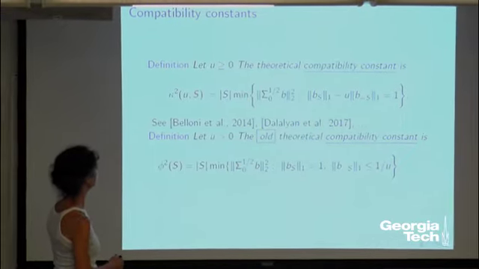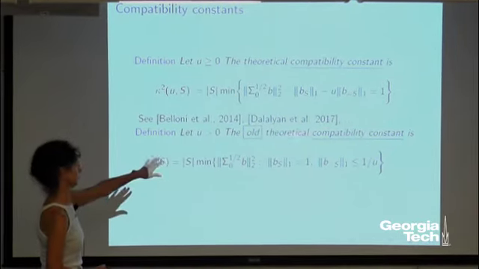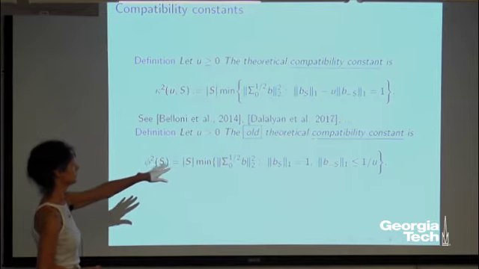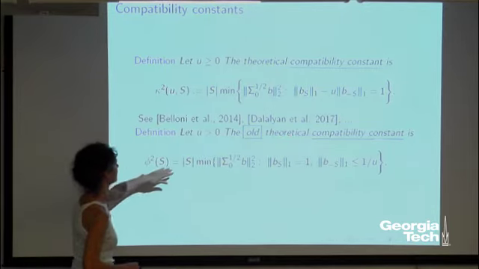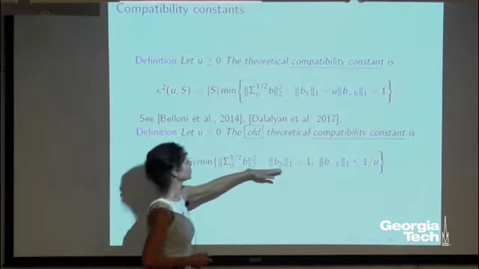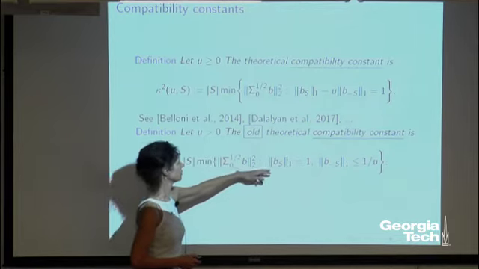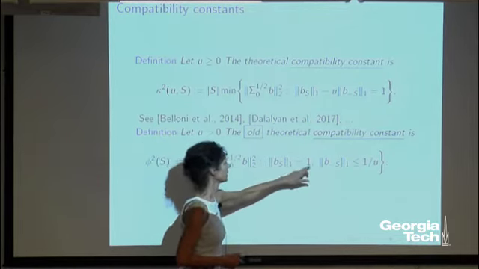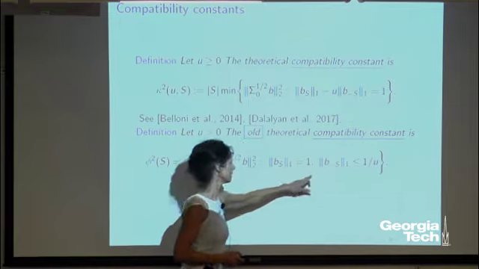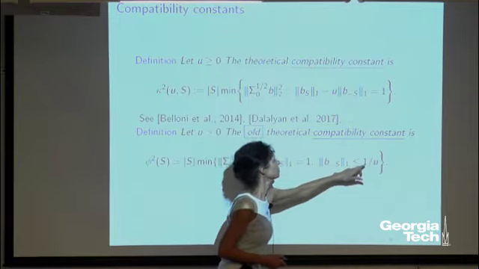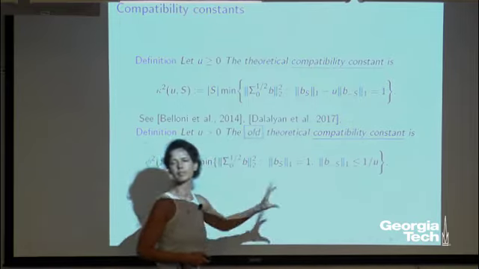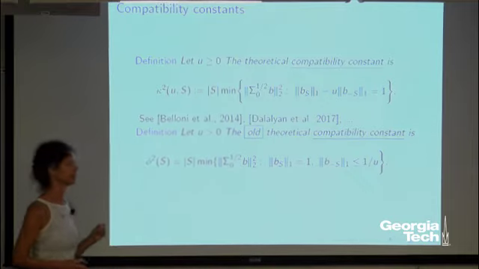So the compatibility constant, the one you find in the literature, is something like canonical correlation. You replace the L2 norm by the L1 norm, and here's an inequality sign, and here's not 1, but maybe some other constant. But it's something like an L1 type of canonical correlation.